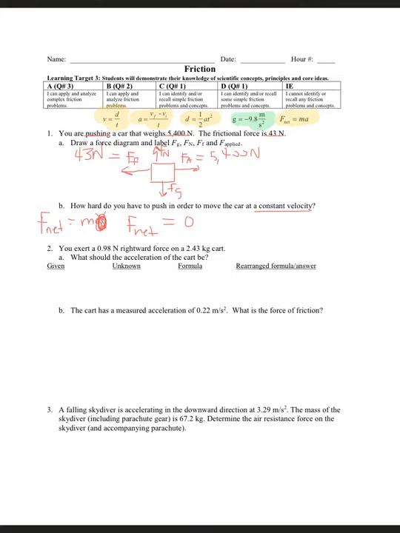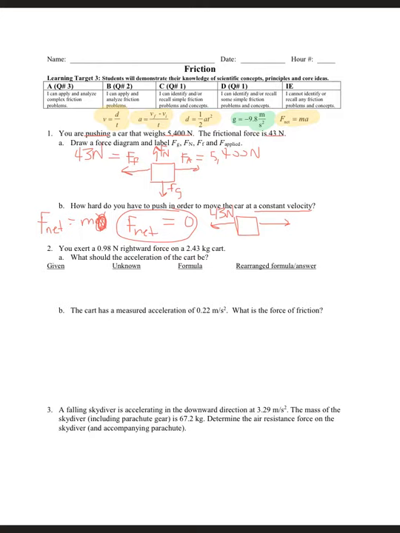So that means that I have to push the box with enough force that my net force will equal zero. If I have my box here, and I know the force of friction in one direction is 43 newtons, how hard would I have to push the box in the opposite direction in order for my net force to equal zero?